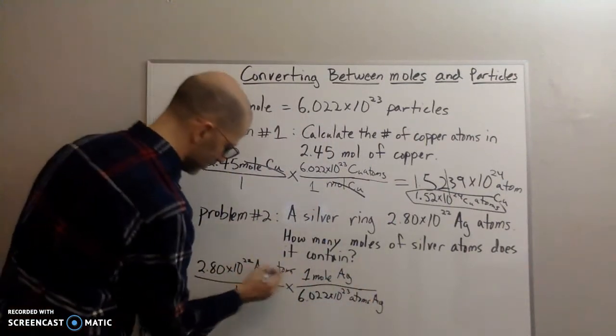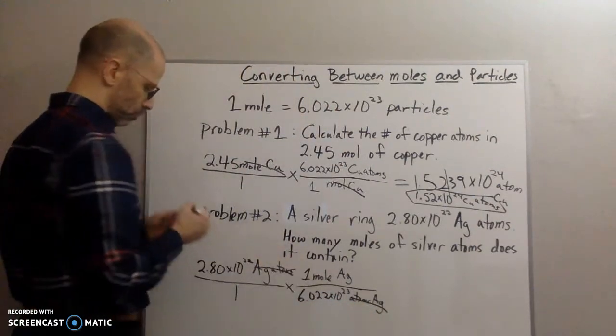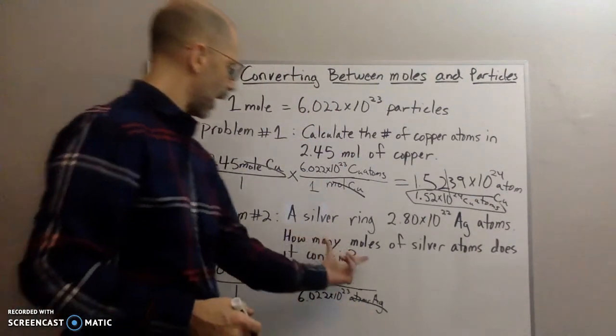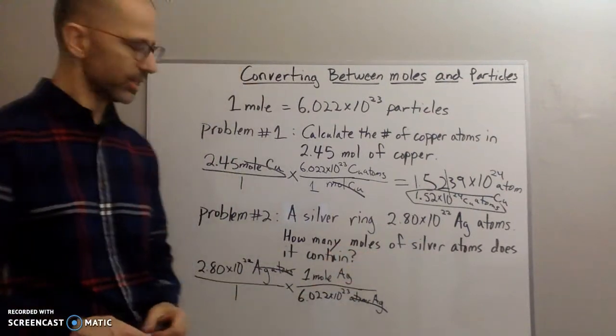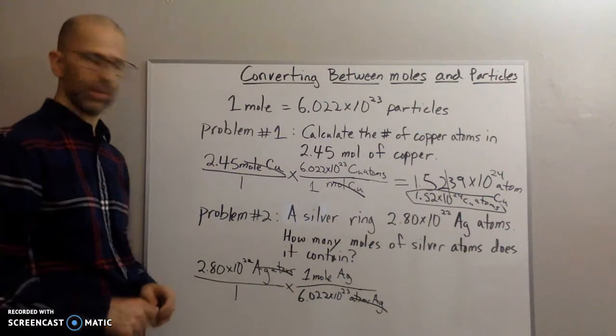So atoms of silver cancels out. I'm left with moles of silver. How many moles of silver is what they're asking for? So now I am done. Again, this is a one-step problem.